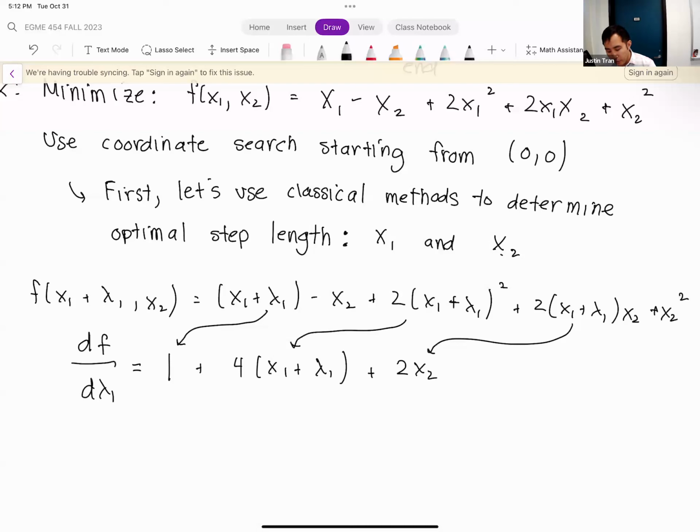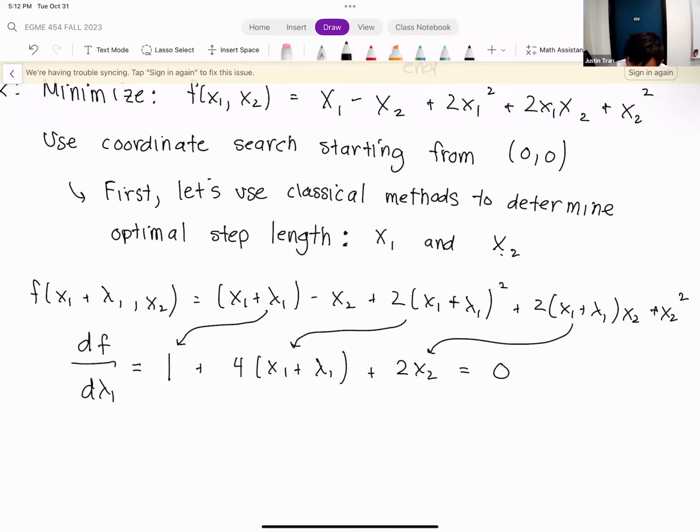If we distribute that out, we have a 2 x1 x2, which goes away when we take the derivative with respect to lambda 1, and we have a 2 lambda 1 x2, which is just 2 x2. Then the derivative of the last term, x2 squared, does not involve lambda 1, and so that just goes to 0.